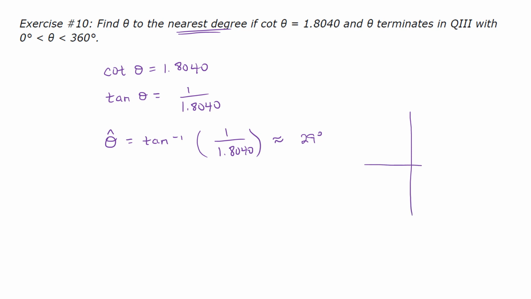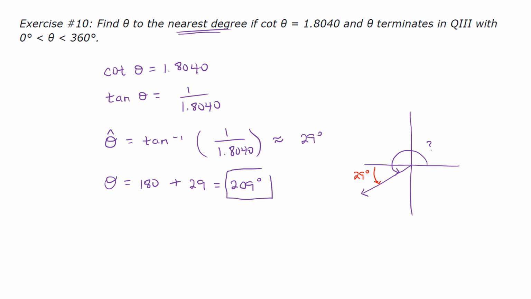So we know our angle terminates in quadrant 3, and our reference angle is 29 degrees. So if we wanted to find theta, we would take 180 plus 29 degrees, which would get us 209 degrees.